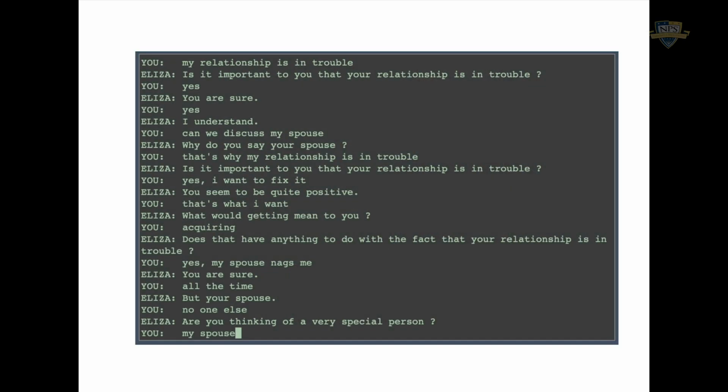So here's a screenshot. Turns out if you do a little Google search, you can find ELIZA programs online, and you can talk with them. You can see what it's like to have a simulated conversation with a psychotherapist. So here's the sample. I'm not going to read it to you, but you can take a look for yourself.